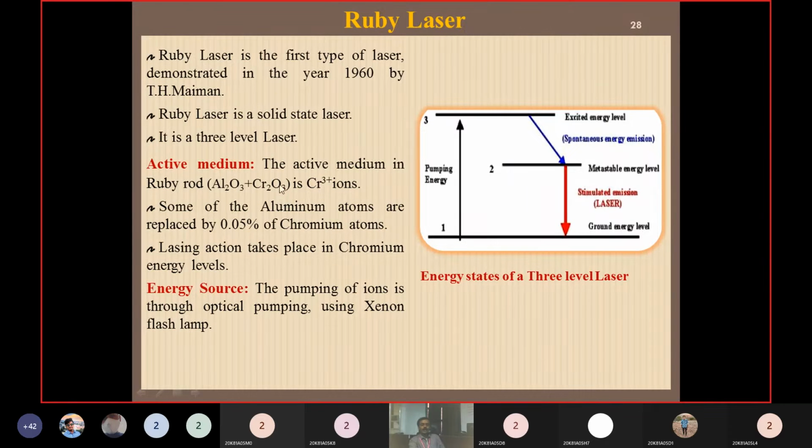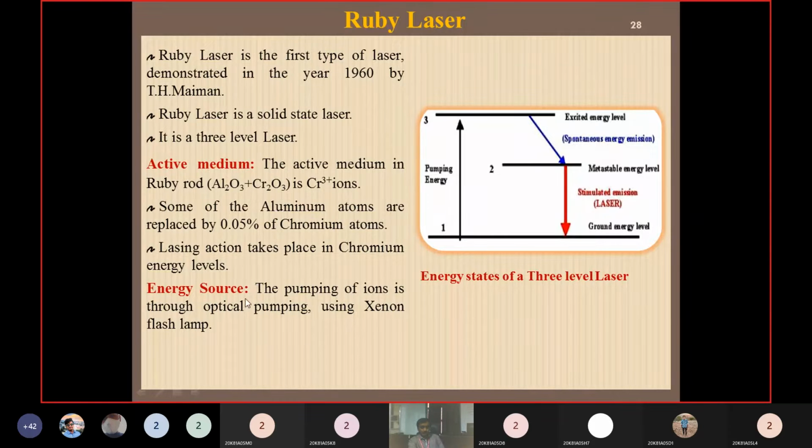Here the Cr3+ ions act as the active medium, that means they are involved in the lasing action. Lasing action takes place in the chromium energy levels.